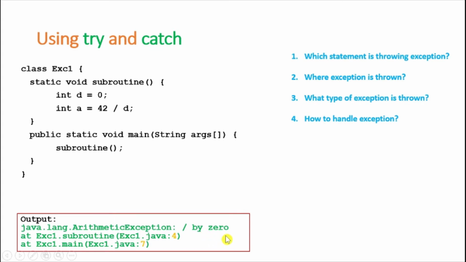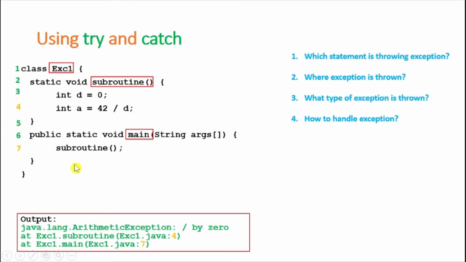Right? Now, let me cross verify what I have said is correct with respect to our program. In class exe1, we have two methods. One is subroutine method and the other is main method. Let me add line numbers to the program.